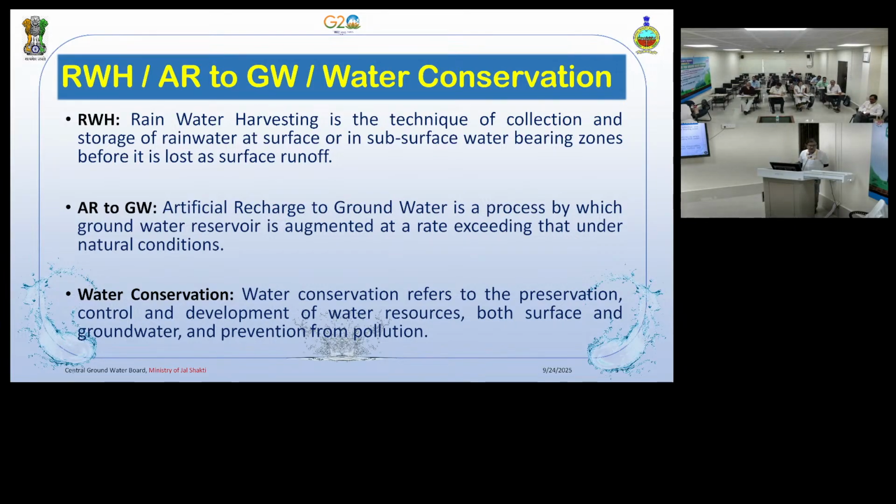Then artificial recharge. Recharge is happening naturally through rainfall, but when the natural process through which we are getting the recharge of the aquifer is not sufficient, then intervention or artificial recharge will be required. Then water conservation. It may cover both surface and groundwater conservation from pollution also.